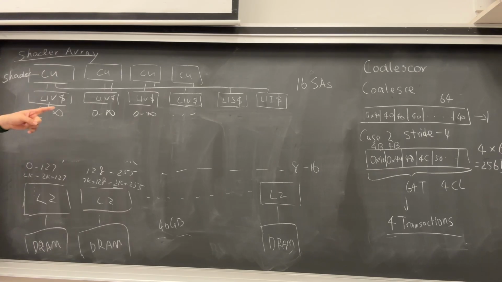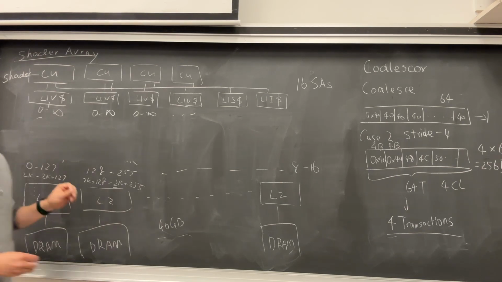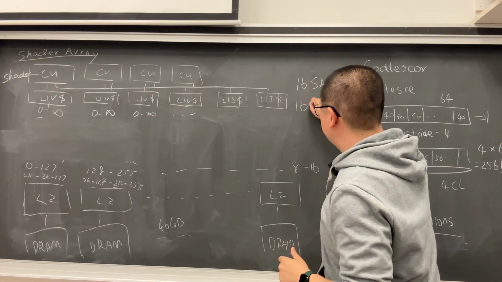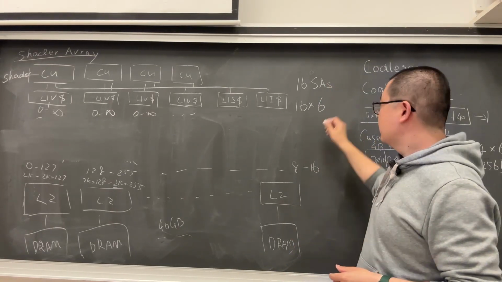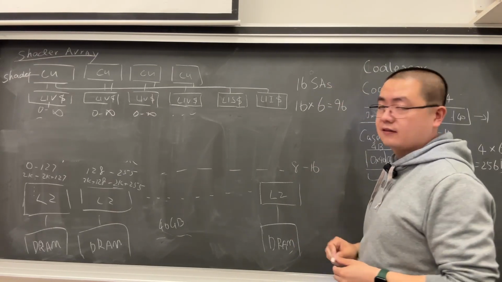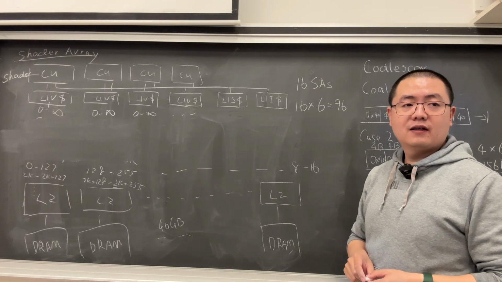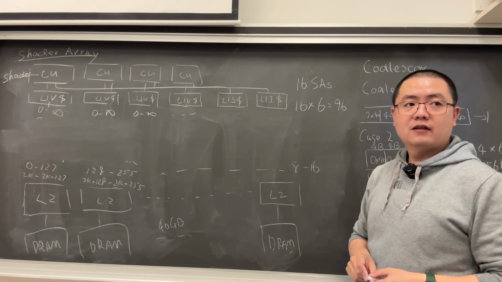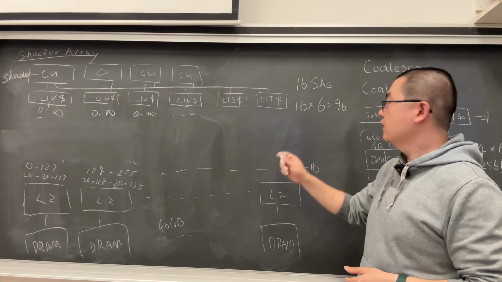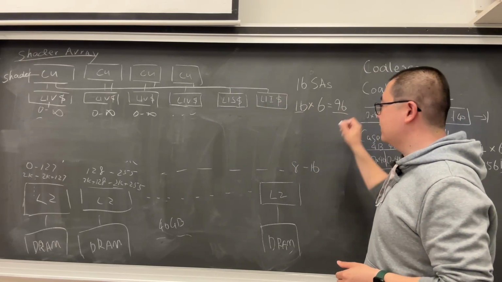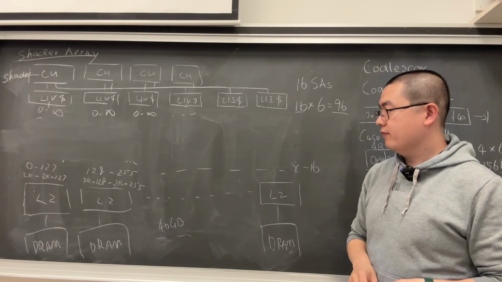How many clients of the L2 caches are there? It's basically calculated by 16 multiplied by 6, right? Equals 96. So 6 L1 caches multiplied by 16, there are 96 L1 caches.